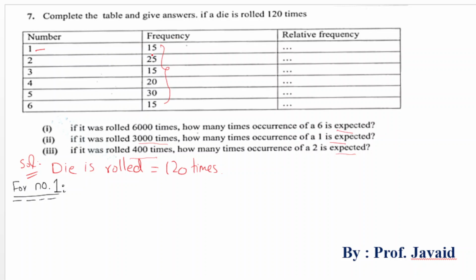So the favorable outcome is 15 and the total is 120. So you will write here 15 over 120. Let me write here probability of 1, otherwise we will write relative frequency, because we have to find the relative frequency.